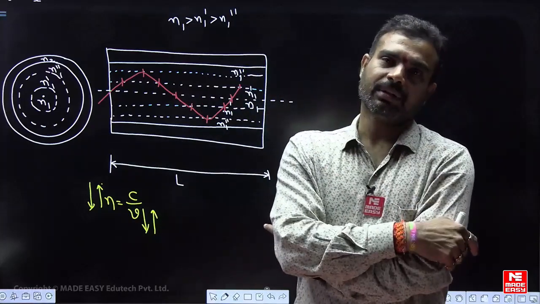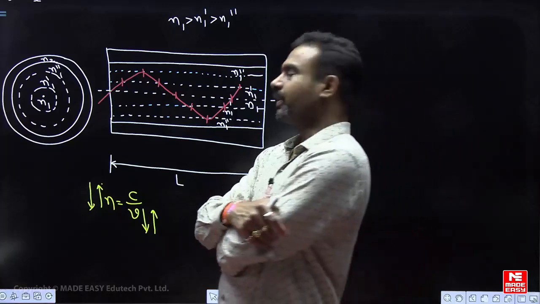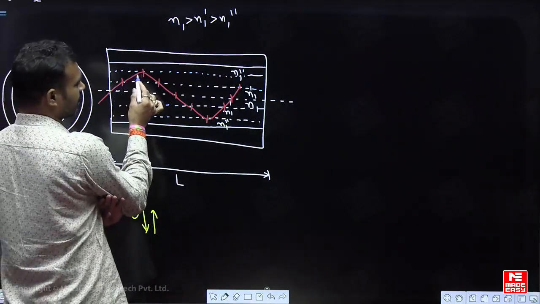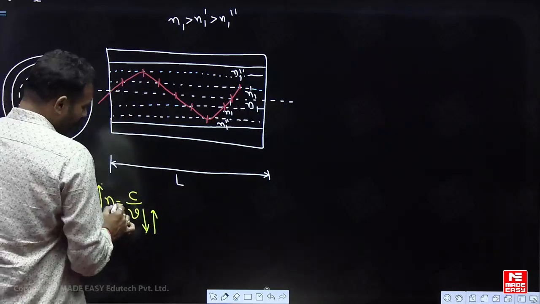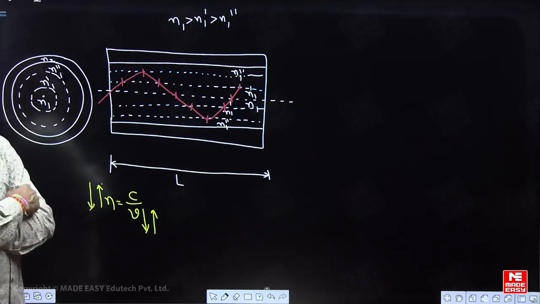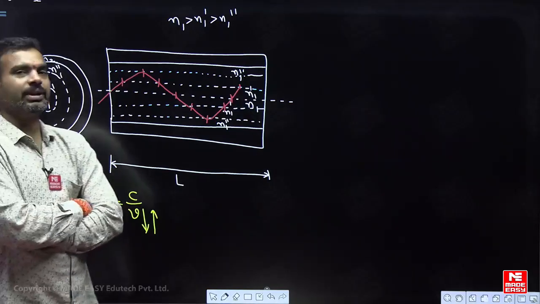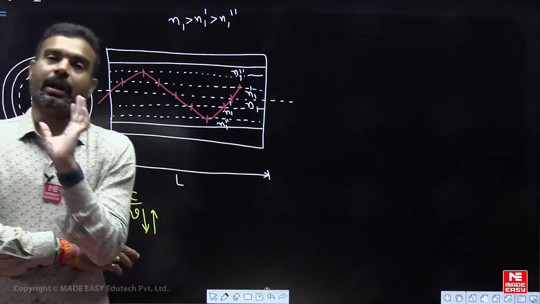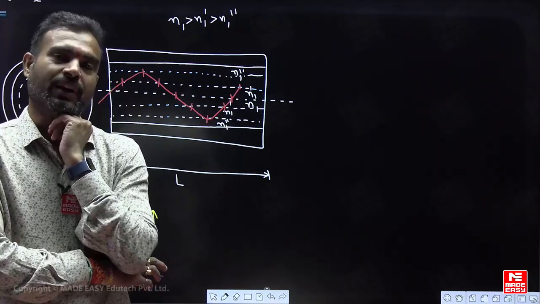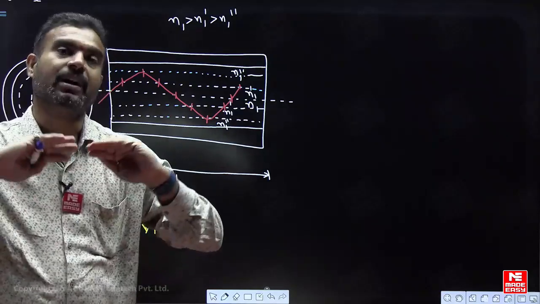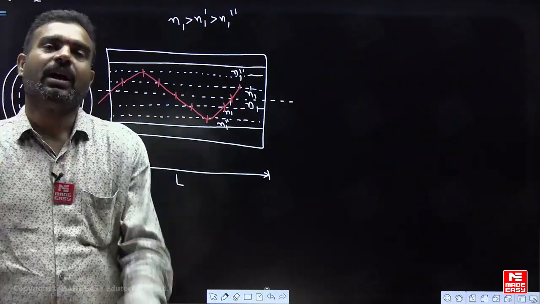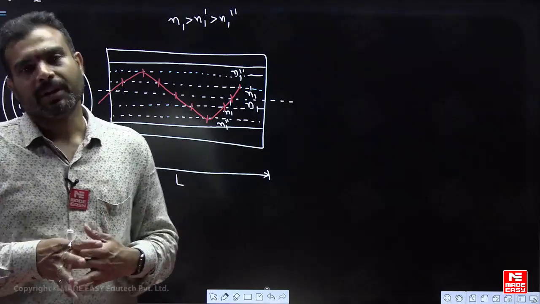Whenever the light rays move away from the center, the refractive index is decreasing, so automatically the velocity increases. So at the center the light rays travel slowly, and at the edges of the fiber they travel fast.